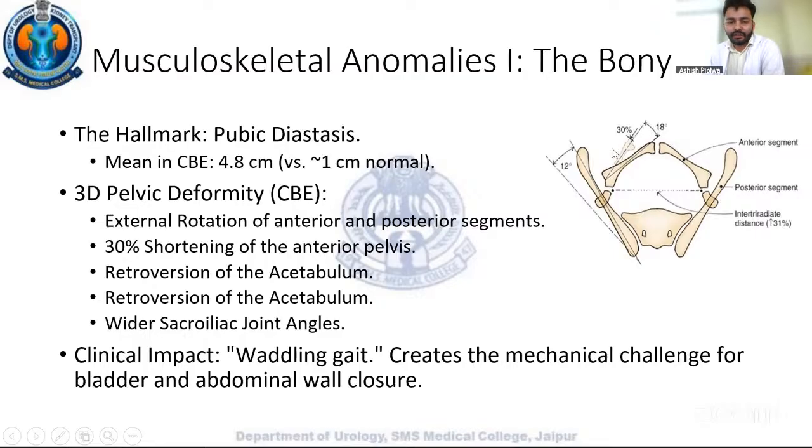In the pelvis, the anterior pelvis will be shortened by 30%, and there will be external rotation of the posterior segment, retroversion of the acetabulum, and wider sacroiliac joint angles. So it creates a waddling gait, and it creates a mechanical challenge for bladder and abdominal wall closure. So before closure of the bladder and abdominal wall, we have to do the osteotomy and restore the pelvic anatomy.